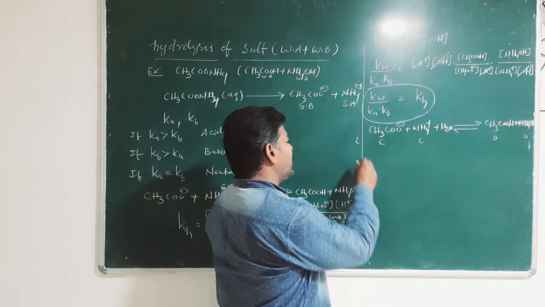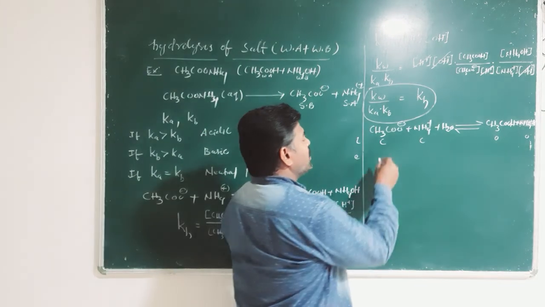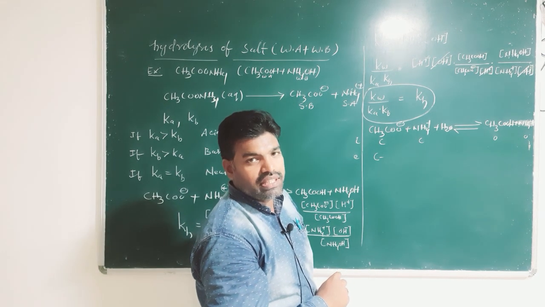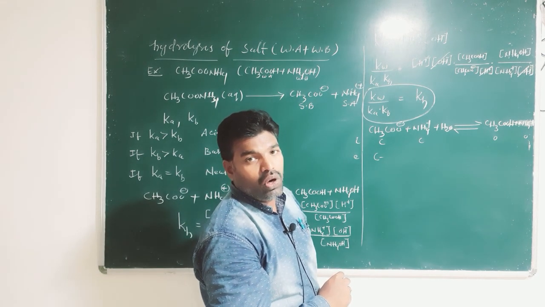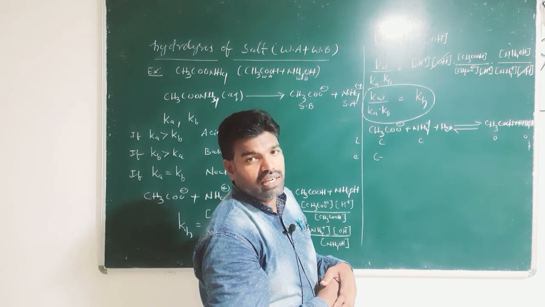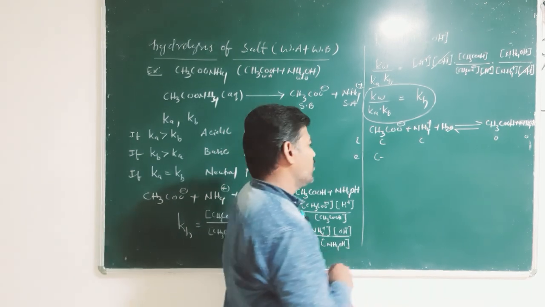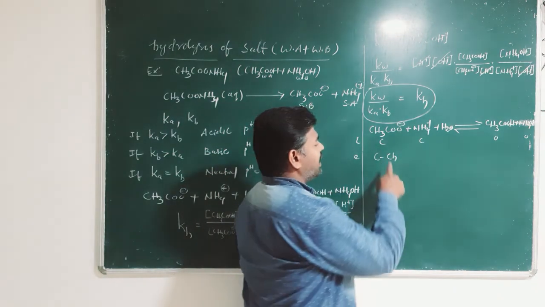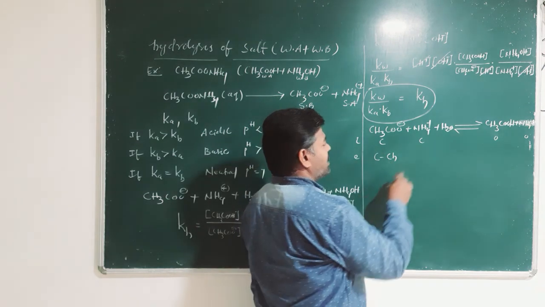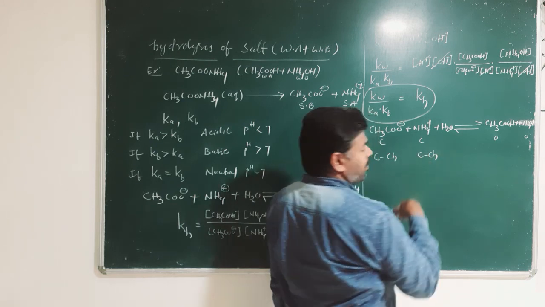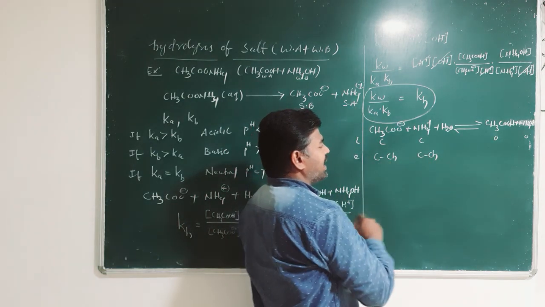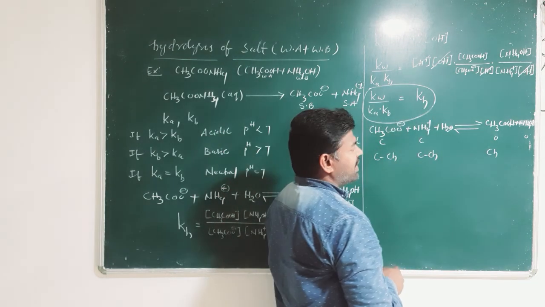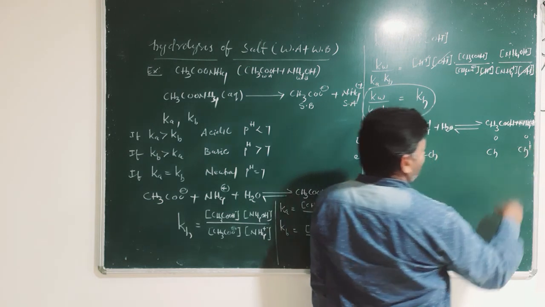I already told you that the degree of hydrolysis is the fraction of total salt that has undergone hydrolysis. That much amount is decreased from the initial concentration, represented by Ch, and that much concentration of acetic acid and ammonium hydroxide is formed.